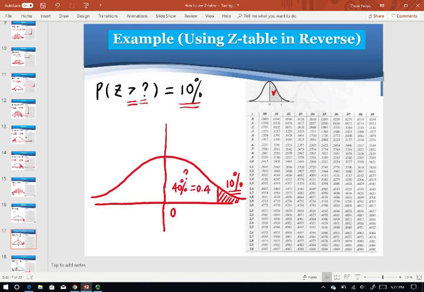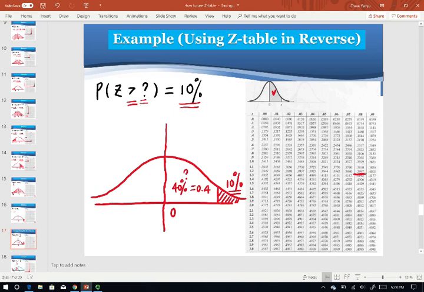0.4, which means I know the value inside the table is 0.4, and I need to find which row and which column. So we need to look inside the body of the table for the value 0.4. Unfortunately, we don't have exactly 0.4, so we find the closest one to 0.4. And we find this number is closest.